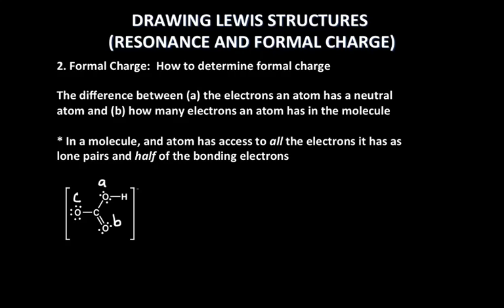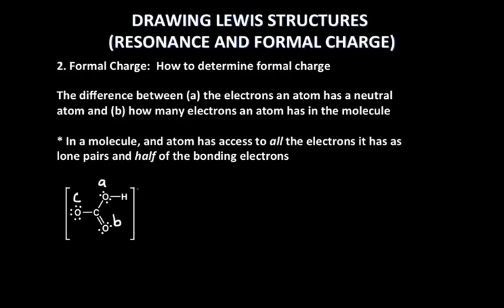When you calculate formal charge, the formal charge is the difference between the electrons that an atom has as a neutral atom on its own and the electrons that it has access to in the molecule. And the electrons that an atom has access to in a molecule are all of the electrons that show up as lone pairs and half of the bonding electrons.